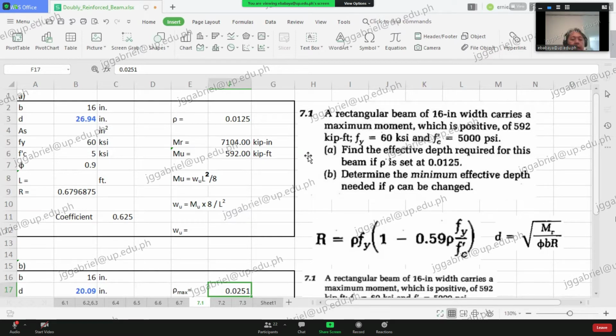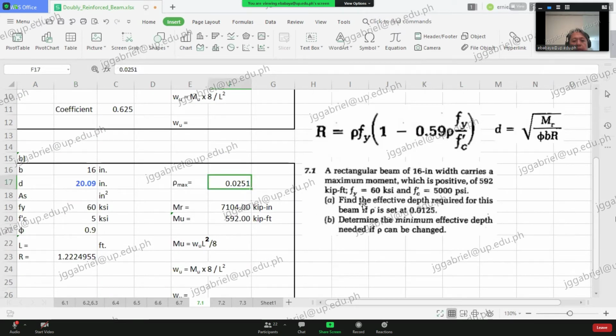So rho max from the table, for 60 ksi Fy and F prime C of 5, you have your rho max to be 0.0251.